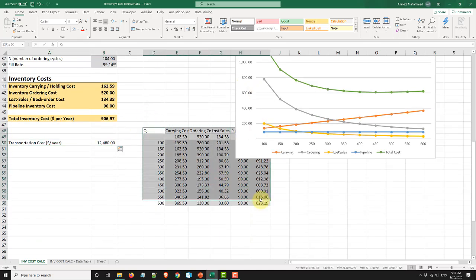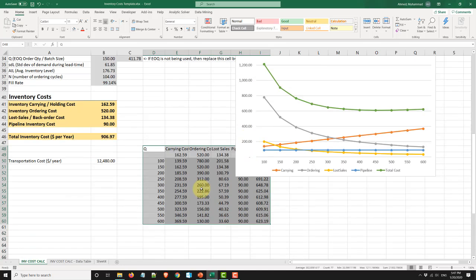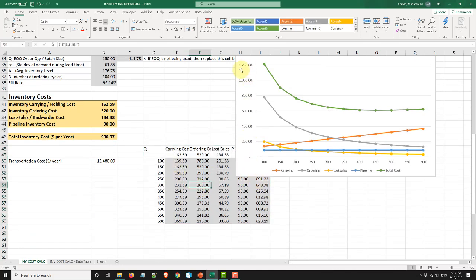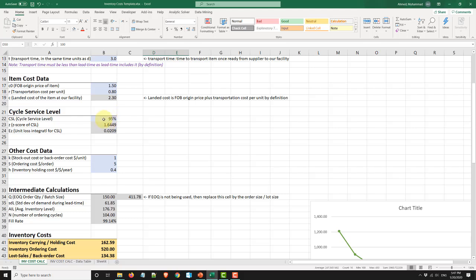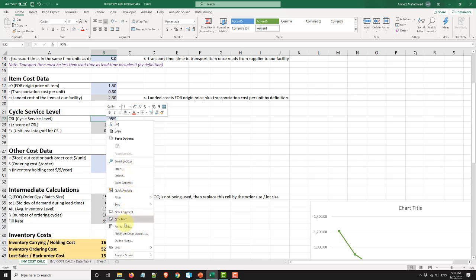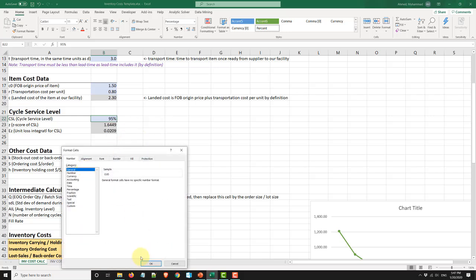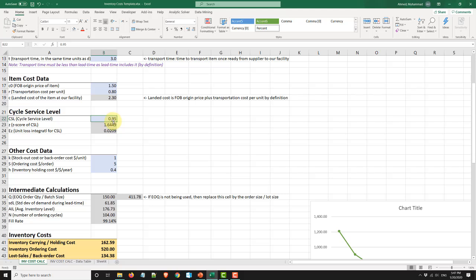use a data table to make a chart or a table which shows how the total cost varies as you vary any parameter. You could be varying Q, you could be varying the cycle service level. By the way, if you want to vary the cycle service level, don't put in 95, 96, 97. This is only formatted like a percentage. The actual value is 0.95.